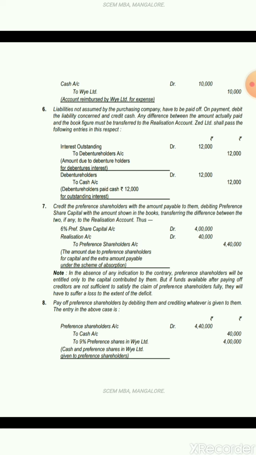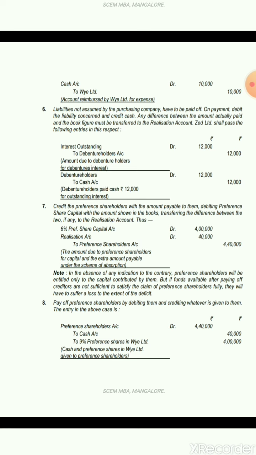Then see the seventh entry. So once we understand this, we would understand the seventh entry, which is for paying off the preference shareholders. Firstly we would pass the entry for the purchase consideration due for preference shareholders.